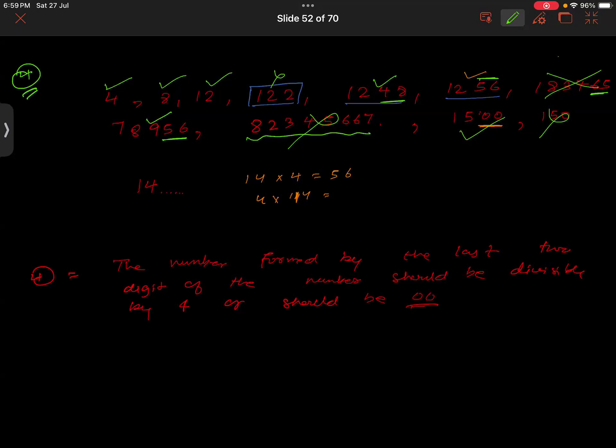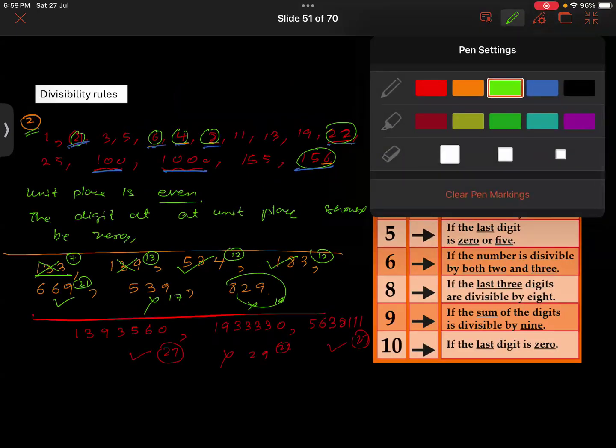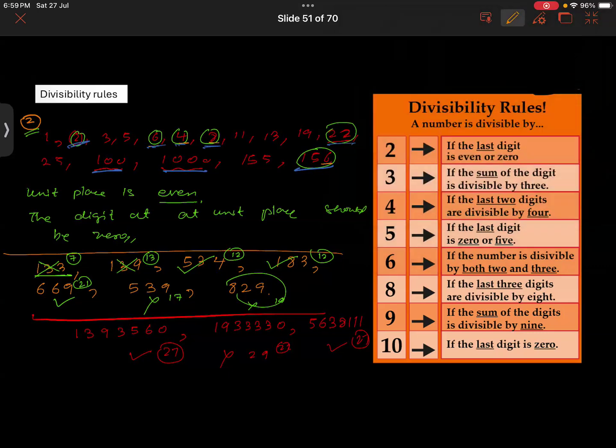Okay. So I would advise you guys to write the definition, but quickly recall what we have done so far. Habib, what did we learn about the divisibility rule of two? If the last digit is even or zero. Good. And the examples which we had: 1, 2, 3, 5, 6, 4, 8, 11, 13, 19, 22.